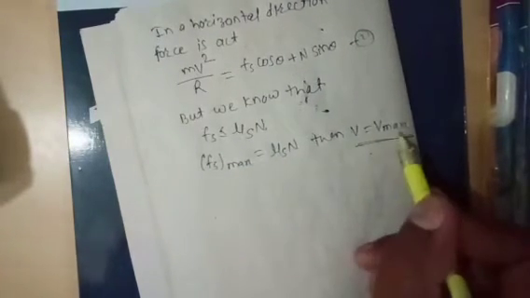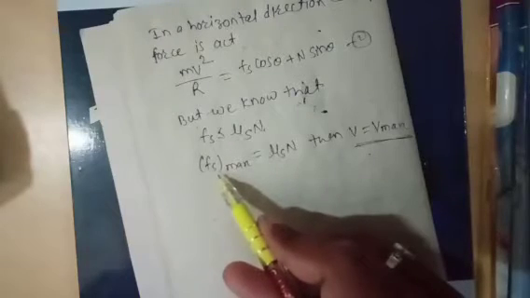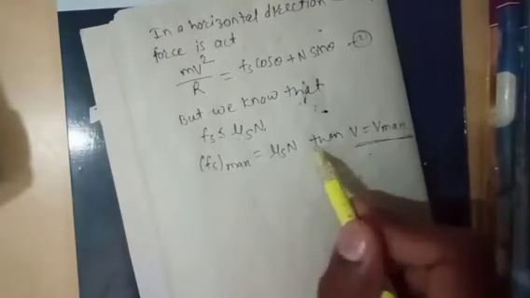When the velocity is maximum, then the static friction is maximum, equal to mu s into N.